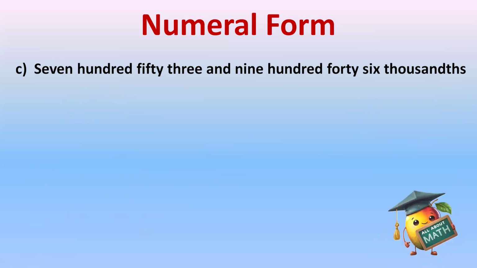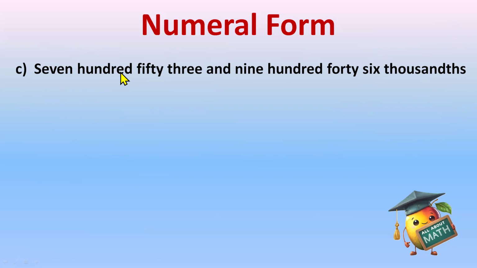Numeral form, the other question we have is a little bigger, that is 753 and 946 thousandths. Now, recognize and as a point. So first writing the decimal place value chart, obviously, because we can see thousandths here.